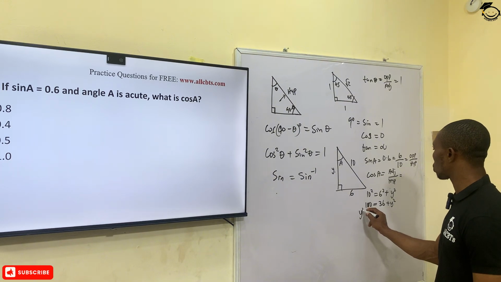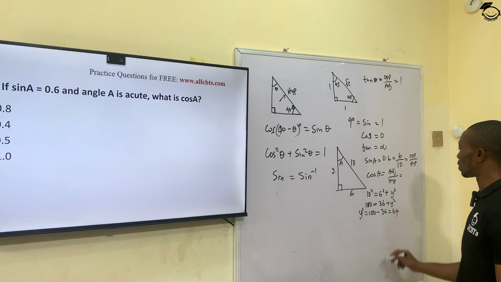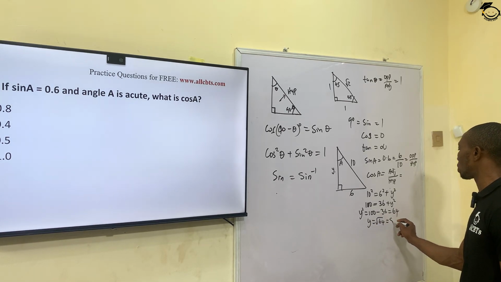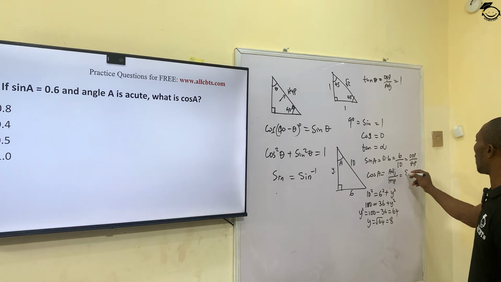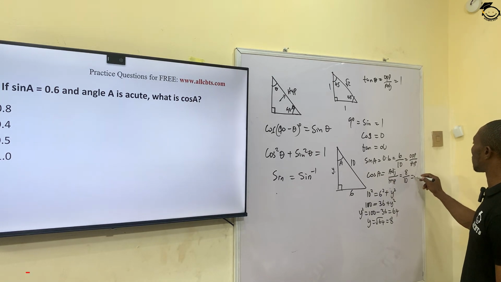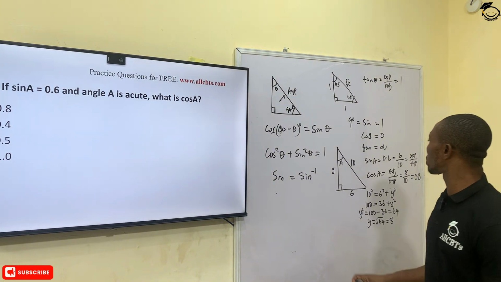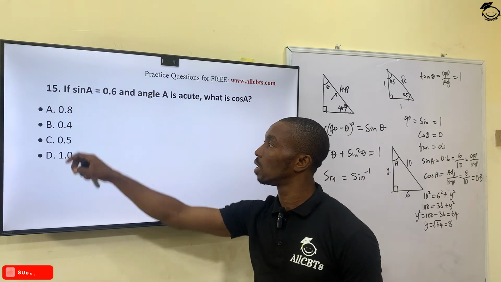So y squared equals 100 minus 36, which gives us 64. So y equals square root of 64, which is 8. So at this point, our adjacent will be 8 and our hypotenuse will be 10. So 8 divided by 10 will give us 0.8. So our cos A will be 0.8.